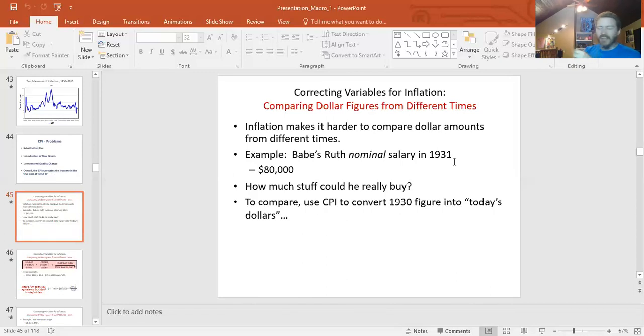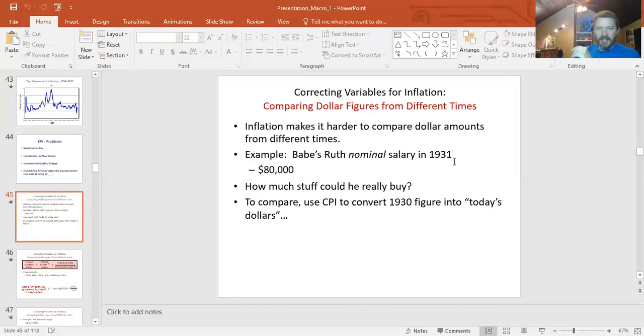It doesn't mean anything. You care about how much he could buy. You don't care about how many dollars he received. That's a nominal variable, a variable that doesn't have any substance to it, really. What you care about is how much stuff Babe Ruth could buy with that figure.